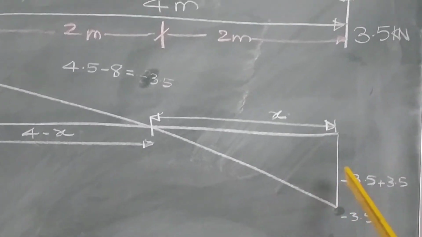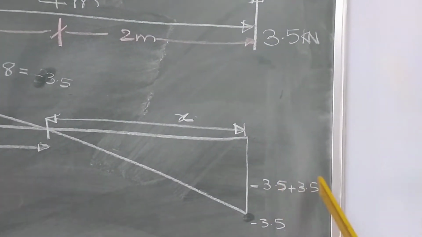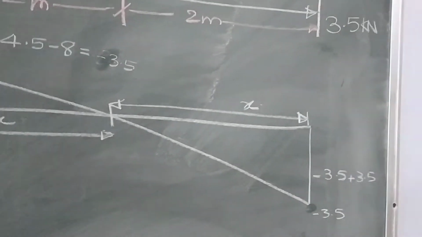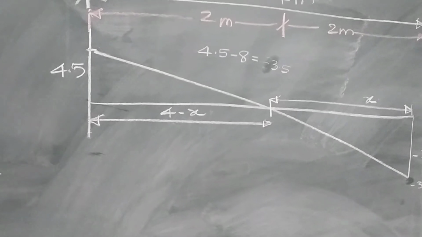At minus 3.5, there is upward load of plus 3.5. So, minus 3.5 plus 3.5 is 0. So, we have calculated this shear force diagram.